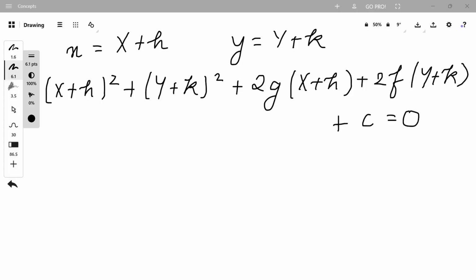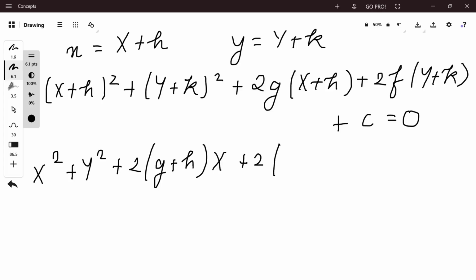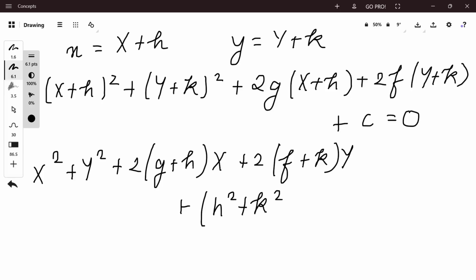This comes down to x square plus y square plus (2g plus h) x plus (2f plus k) y plus h square plus k square plus 2gh plus 2fk plus c is equal to 0.